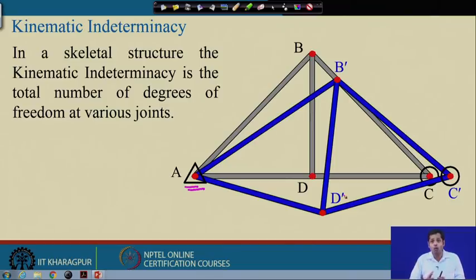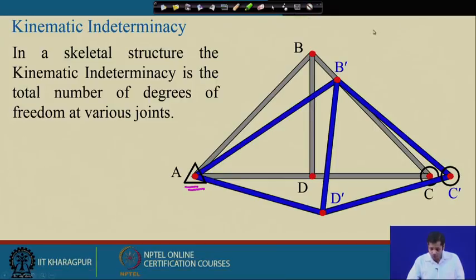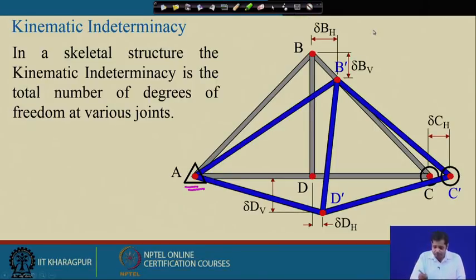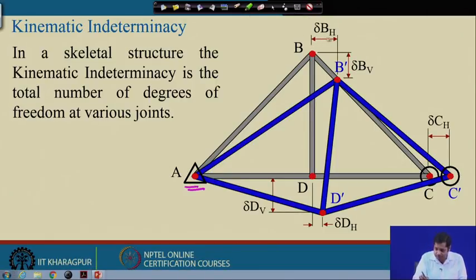Now, let us see how this entire assembly from A, B, C, D to A dash, B dash, C dash and D dash, how these two configurations, the deformed configuration forms from the original configuration. You see, these are the different displacements, horizontal and vertical displacements.